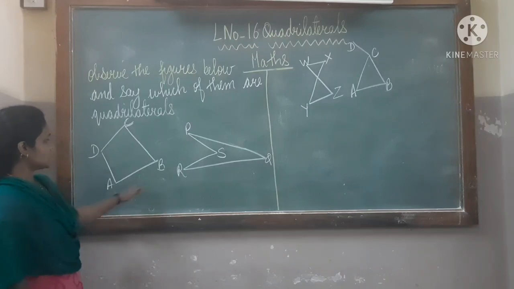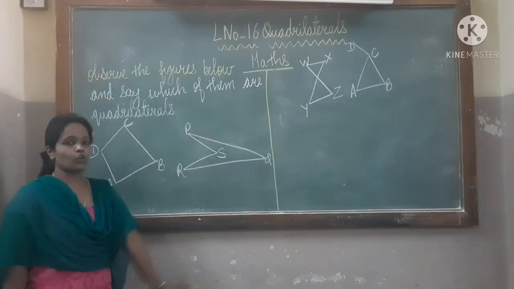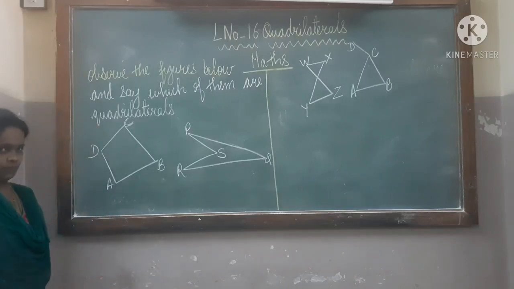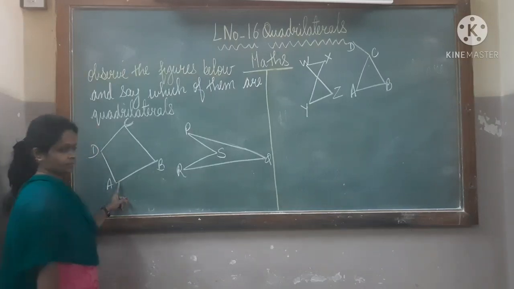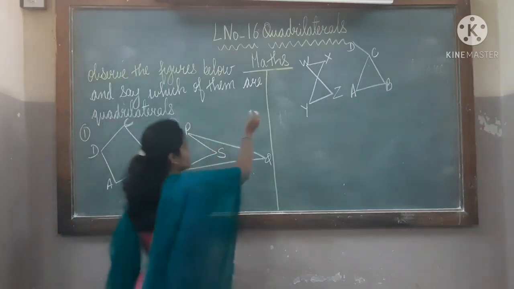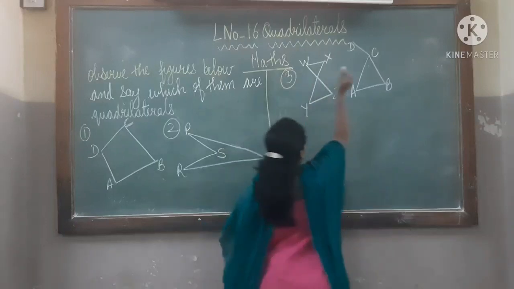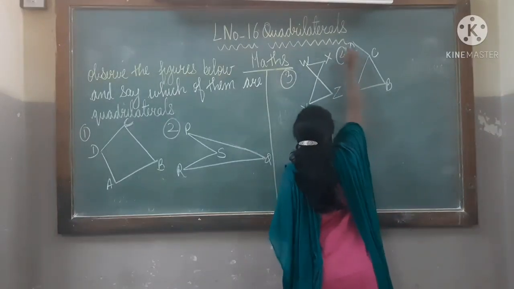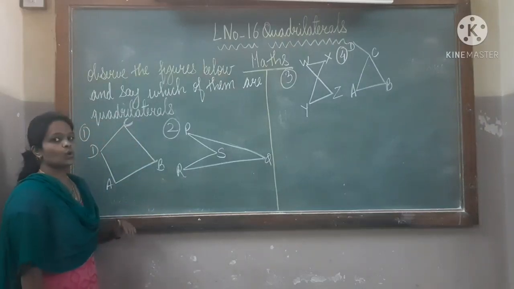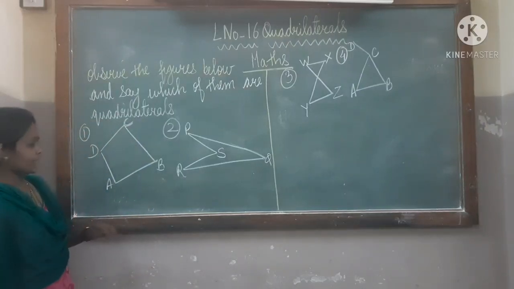So, in the first, in the second, in the third and in the fourth, you just observe, easily you will come to know which is a quadrilateral. See, this is the first one, this is the second, this is third and this is the fourth figure.